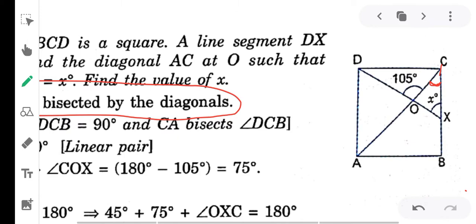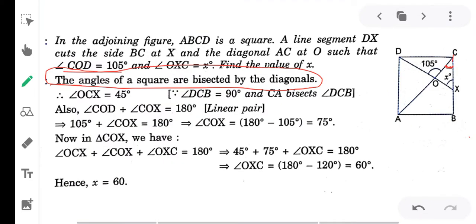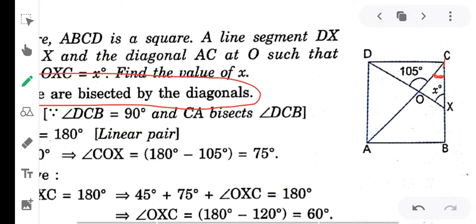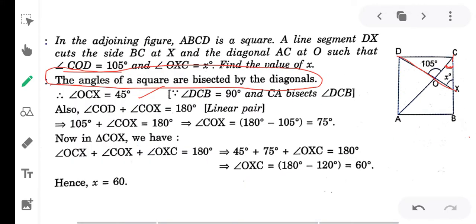The angle OCX will be 45 degrees. Now DOX is a line, so angle DOX is 180. So angle COX will be 180 minus 105, that is 75 degrees.